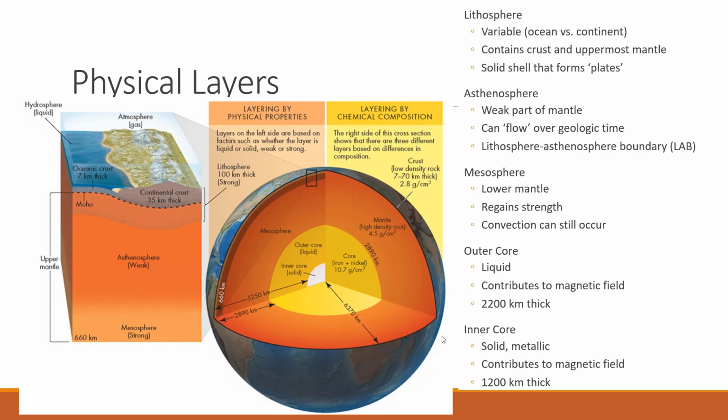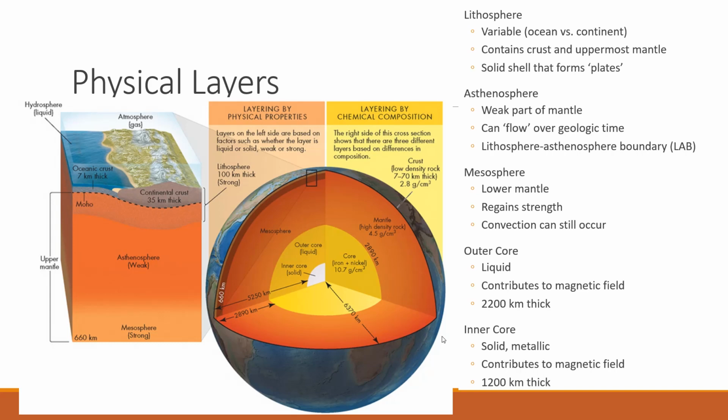So the crust is variable. We have that ocean versus continent, so the lithosphere therefore is also variable laterally. The lithosphere also contains the uppermost part of the mantle. It's the lithospheric mantle. And again, this is the solid shell that forms the plates. So the lithosphere is going to be 100 kilometers thick or so.